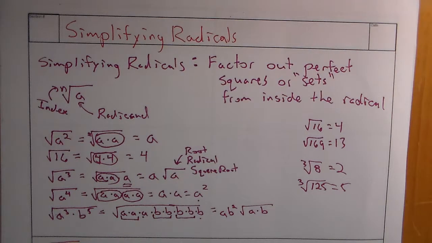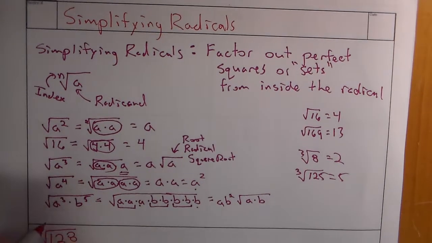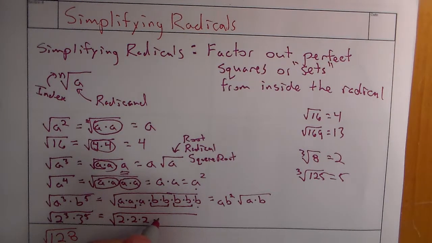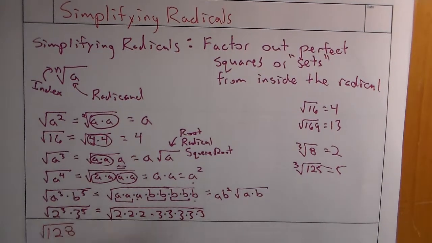Now, right now, all we're looking at is sorting a's and b's. Well, what if I then threw numbers in instead and said 2 to the 3rd and 3 to the 5th? That problem still works the same as the one above. There's a set, here's a set, and here's a set.